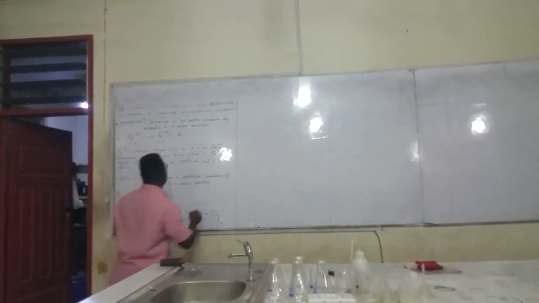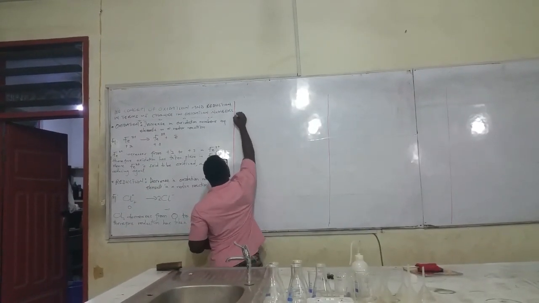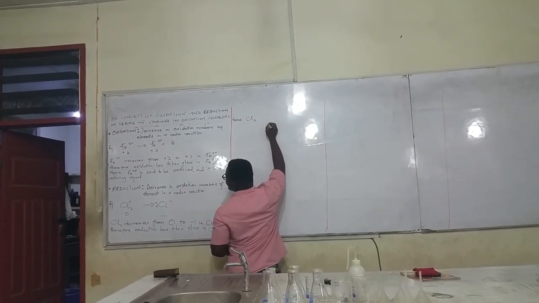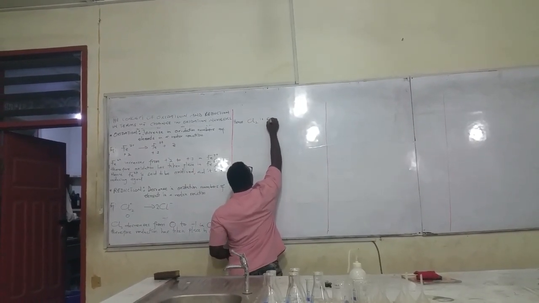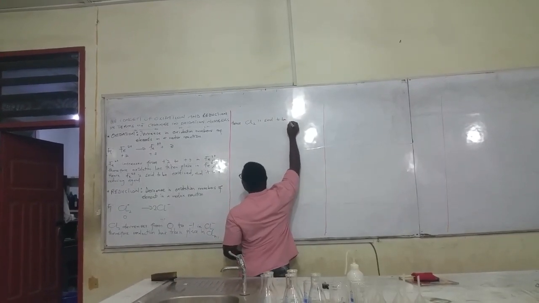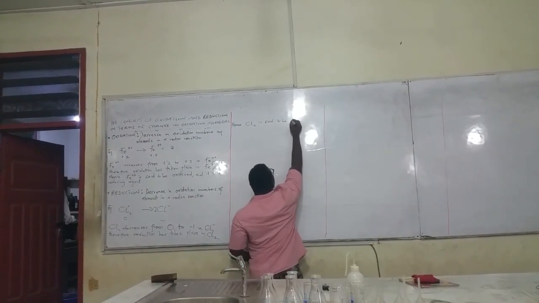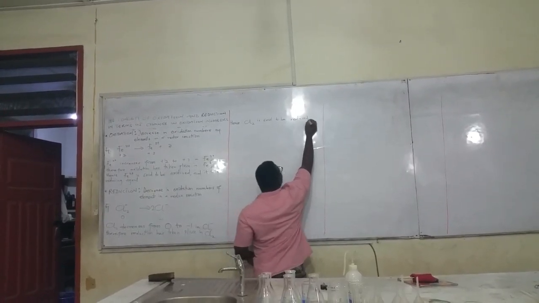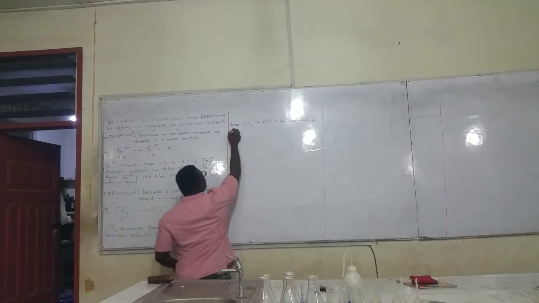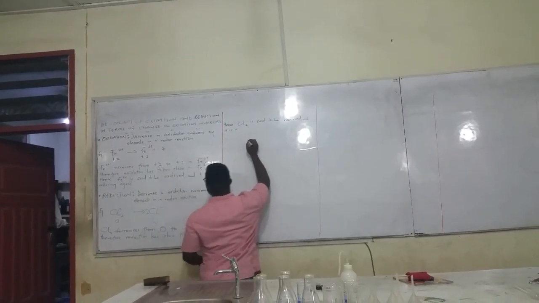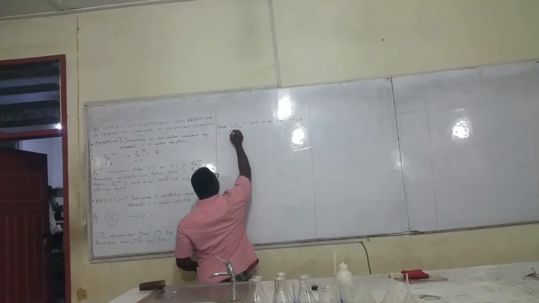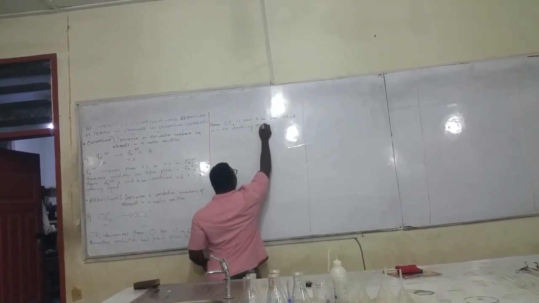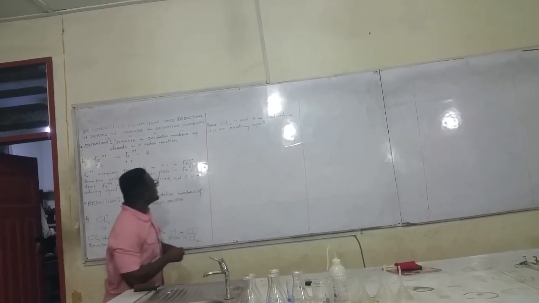Hence, Cl2 is said to be reduced, and it is an oxidizing agent.